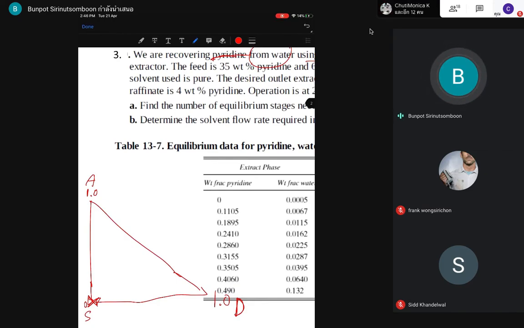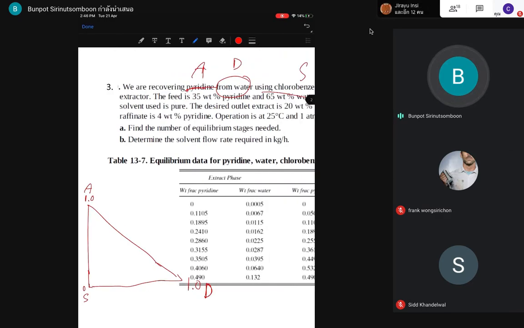Then first I use this set of data, the extract phase. The extract phase is gonna be on the left side. If you make a plot, it's gonna look something like this.